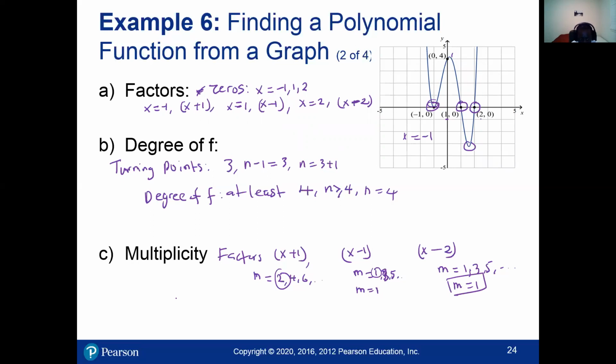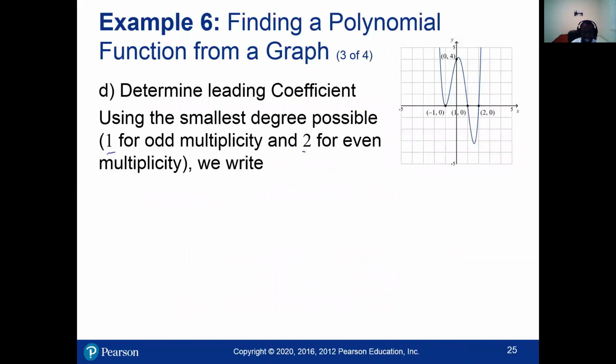So the function f of x would be a times x plus 1 raised to 2, times x minus 1 raised to 1, times x minus 2 also raised to 1. Our job is to determine the value of a, the leading coefficient.